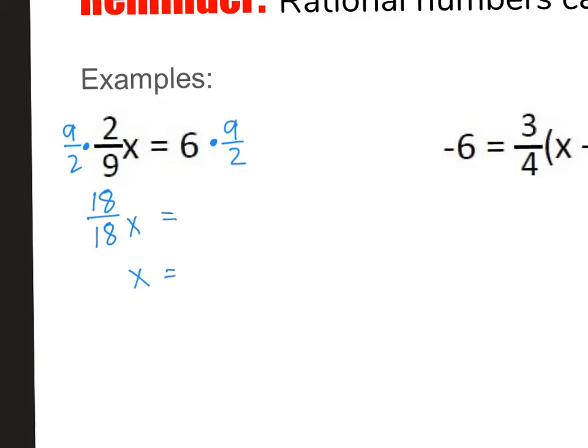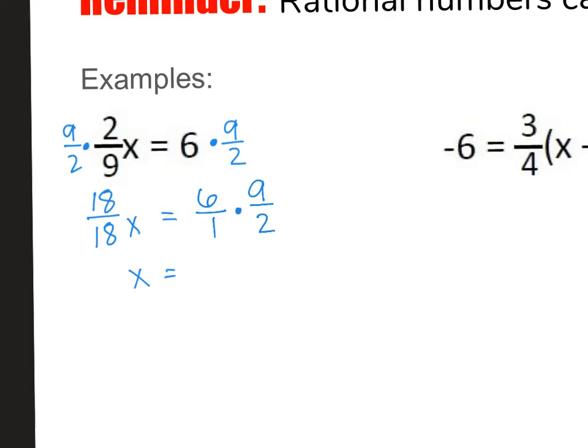And remember, any whole number, or integer actually, you can just put over 1 to make it a fraction, because 6 divided by 1, or 6/1, is just 6. So we can write it that way to make it easier for us to multiply. We're multiplying top times top and bottom times bottom.